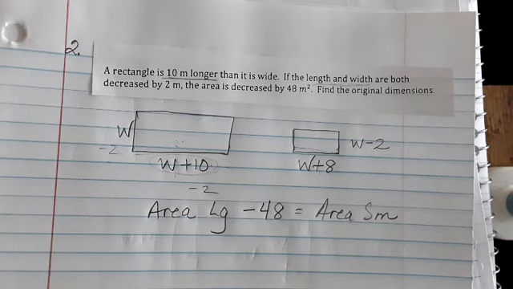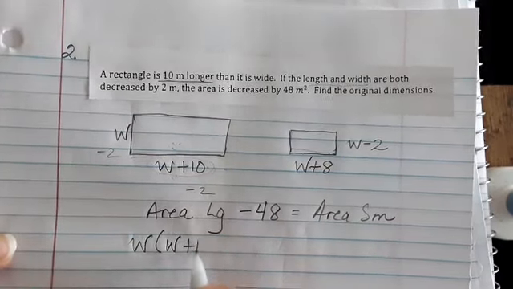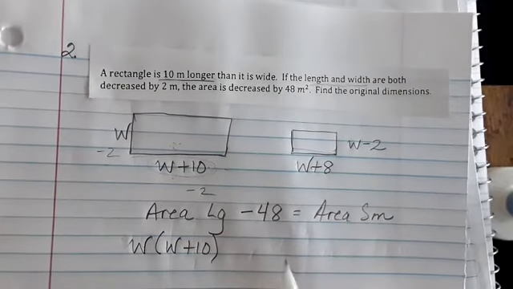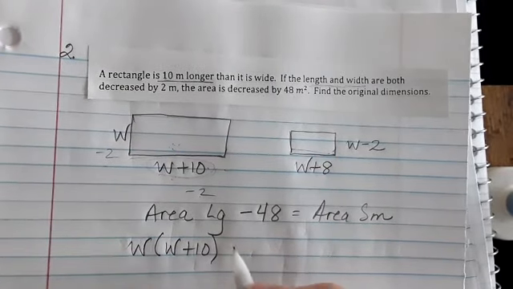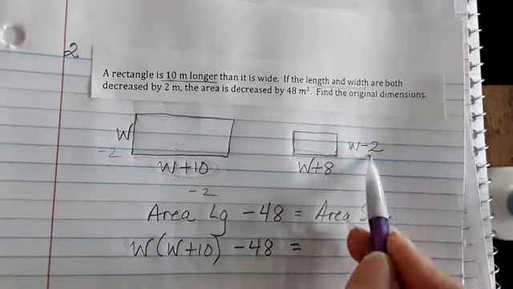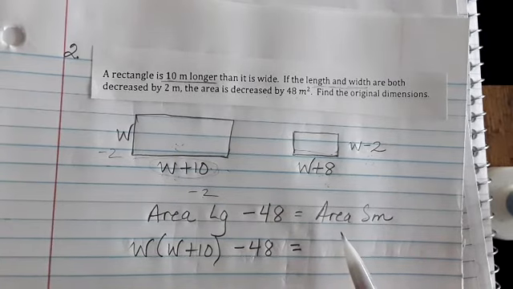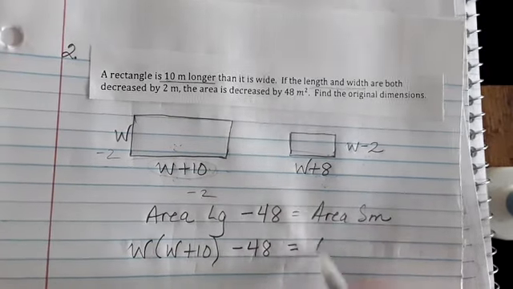How would you represent the area of the large? Yep, W times W plus 10. We're going to decrease that by 48. Ah, this one's the good one. Because when you multiply those, what will we have to do? FOIL.